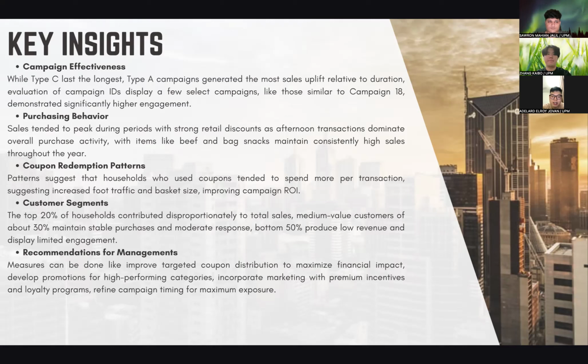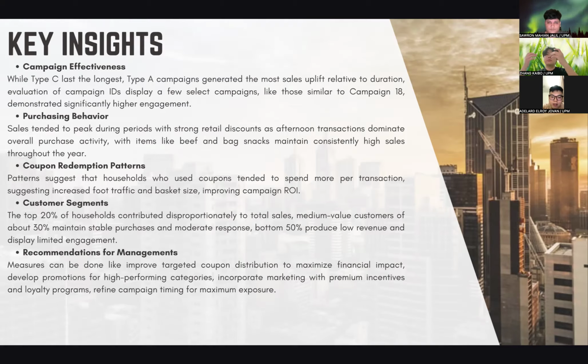So what are the key insights from this project? In terms of campaign effectiveness, type A campaigns generate the most sales relative to duration. In evaluating campaign ideas, select campaigns like 18, or those similar in structure to campaign 18, demonstrate much higher engagement.